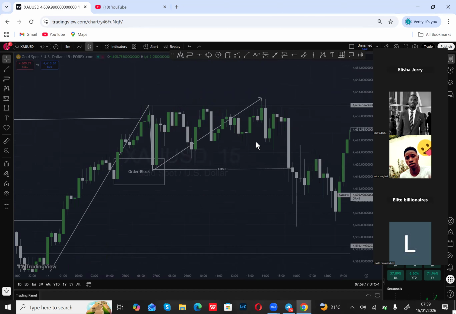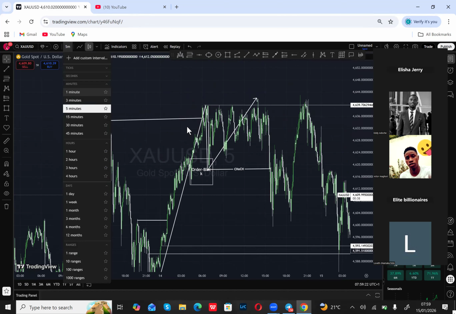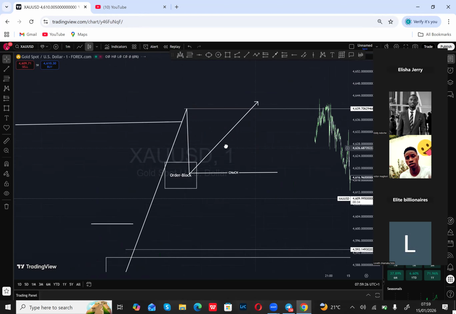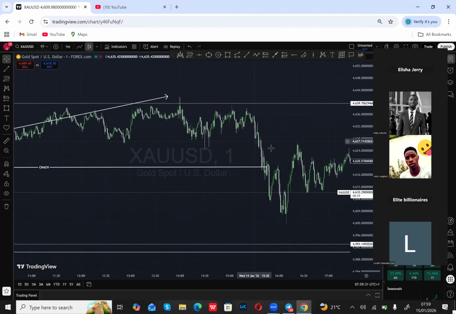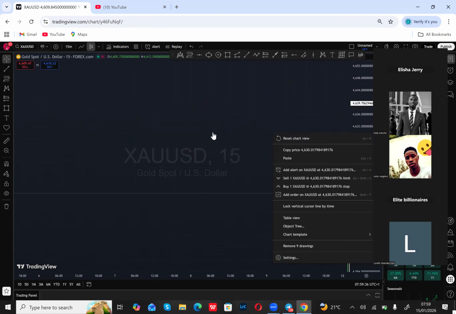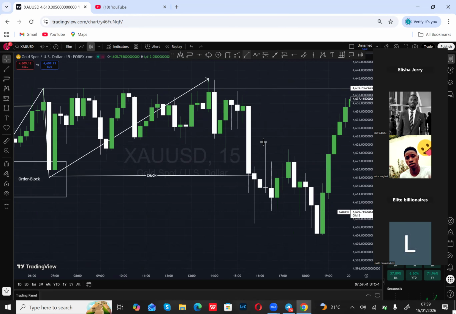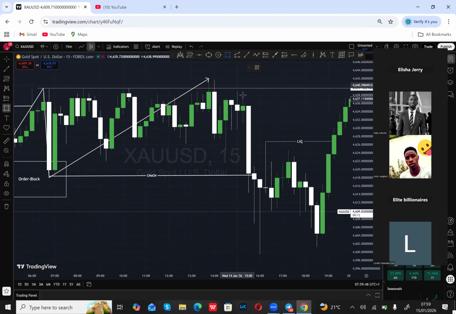Let me show you what those POIs would be. We can even leave it at 15 minutes. So we have this liquidity here and then this other block here.